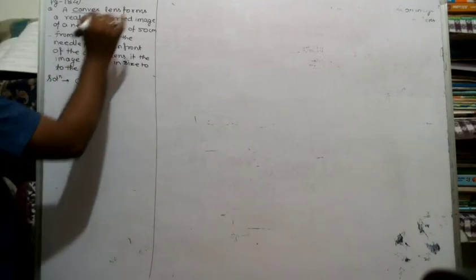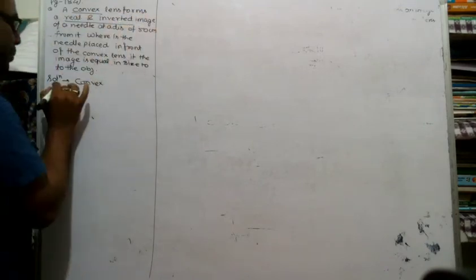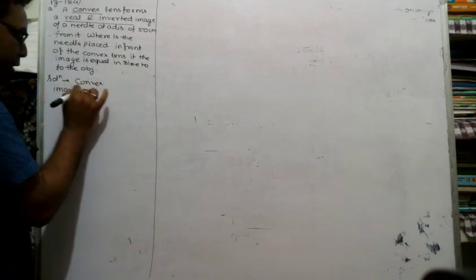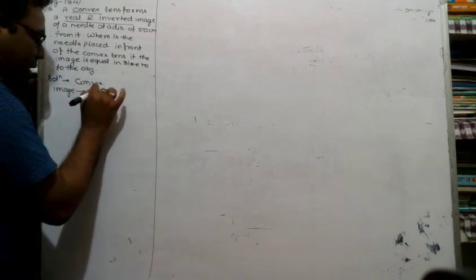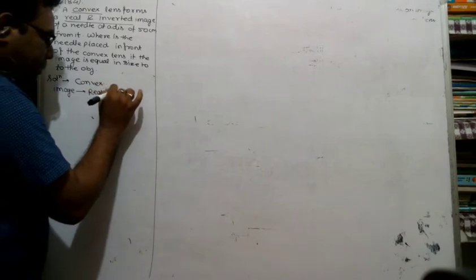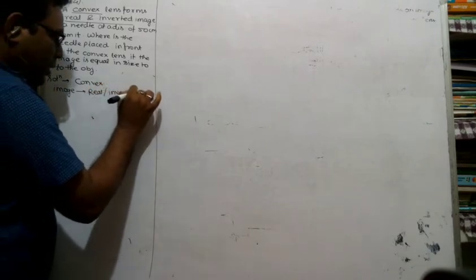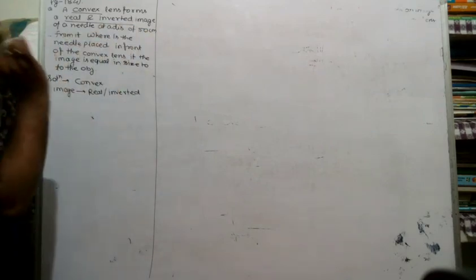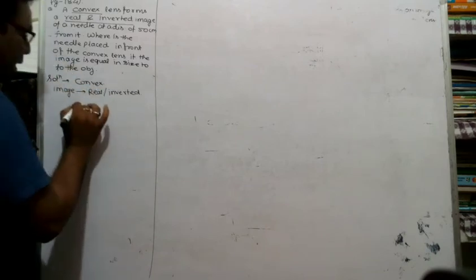Second point, the image is real and inverted. Next, inverted image of a needle at a distance of 50 centimeter from it. Means image is formed at 50 centimeter from the lens.